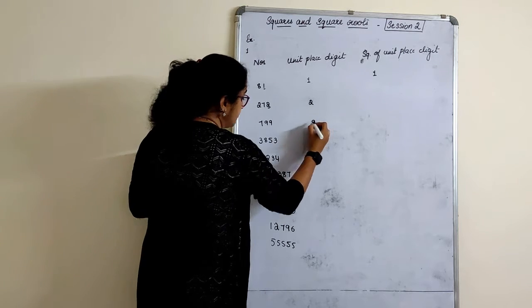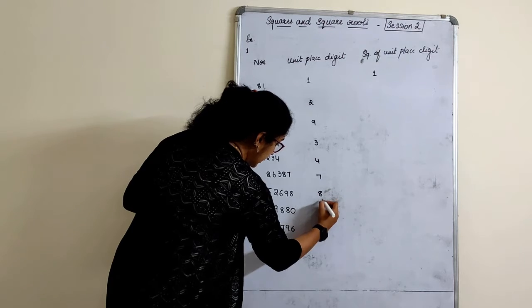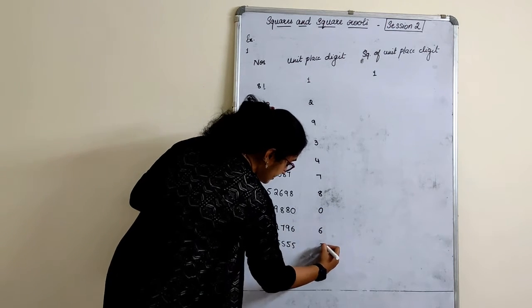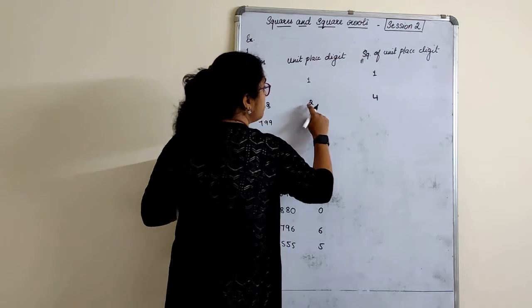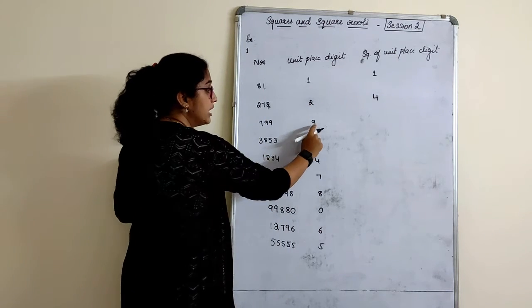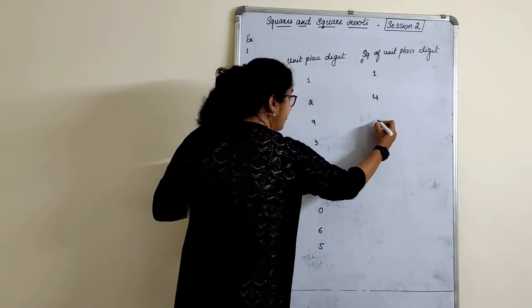The unit places are 9, 3, 4, 7, 8, 0, 6 and 5. Unit place is 2, the square of the unit place will be 4 because 2 2s are 4. Unit place is 9, square will be 9 9s are 81.